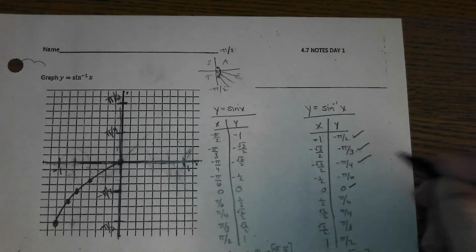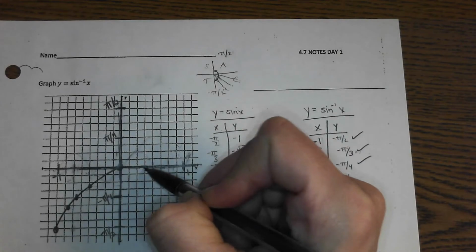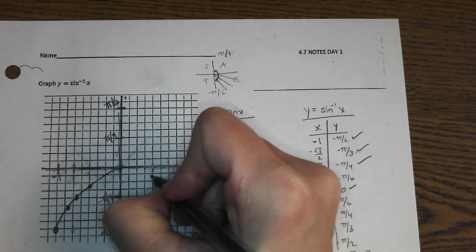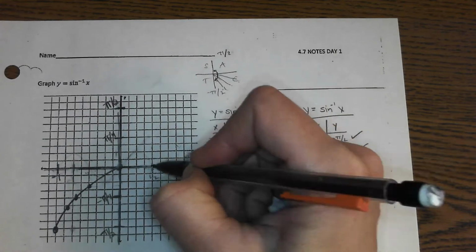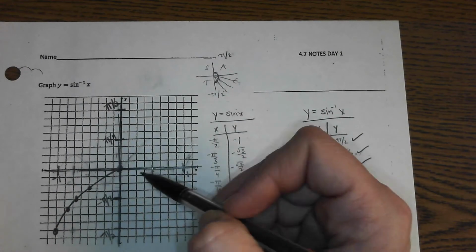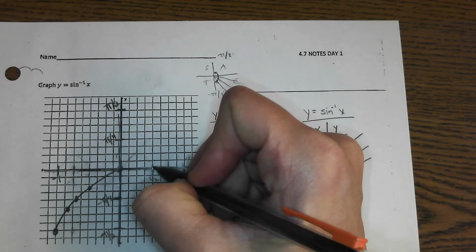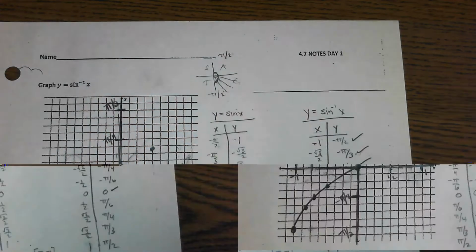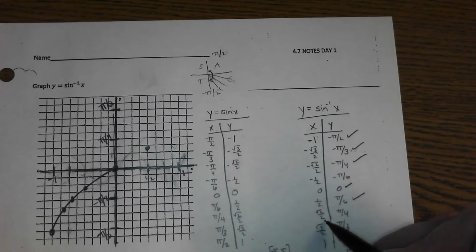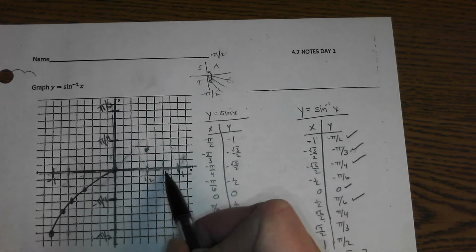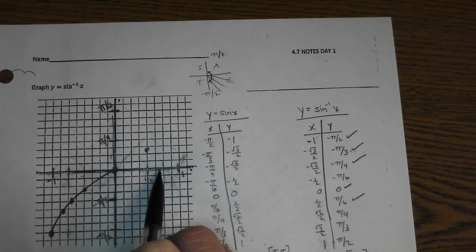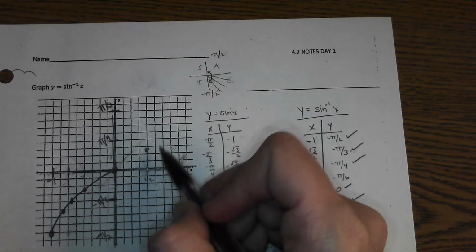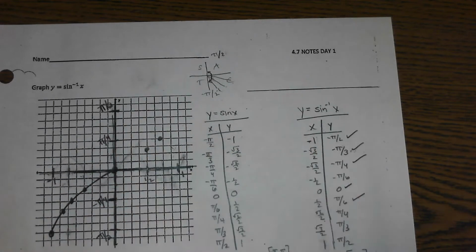And then when you go to 1/2, pi over 6 we said was a little over 2.5 pi over 16ths. So there. Root 2 over 2 was 0.7. There's 0.75, so 0.7 is right there. Bring it to pi over 4. There.